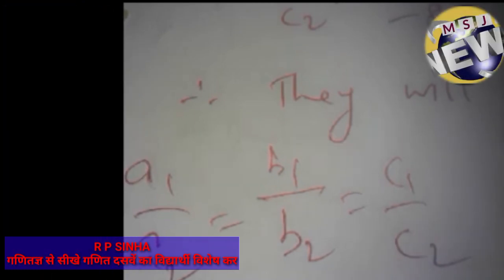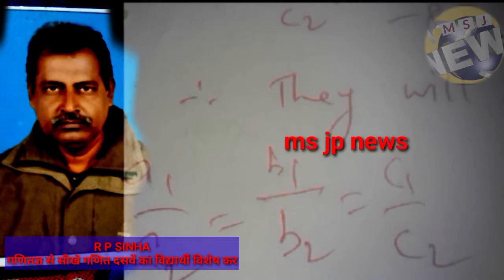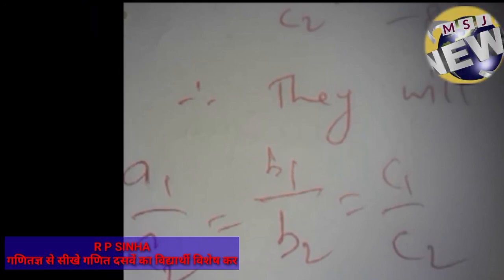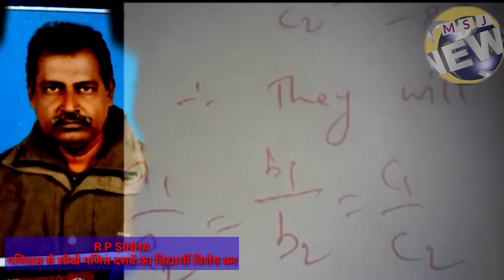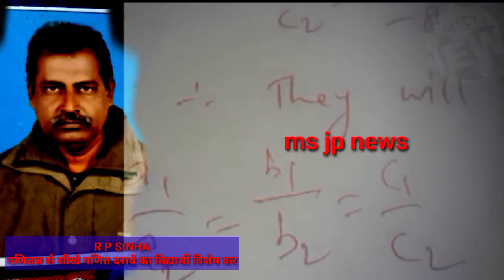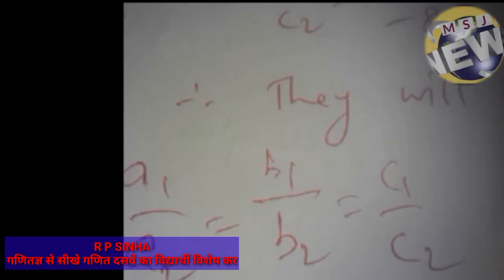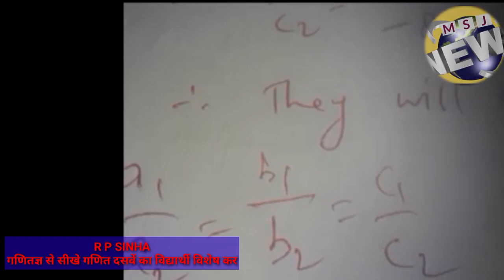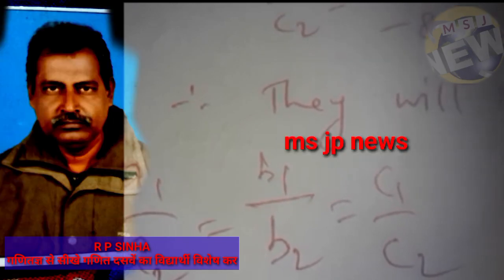Now, in this one, what we are going to understand is that we have to find out the types of graph lines which will be drawn when the equations are given.